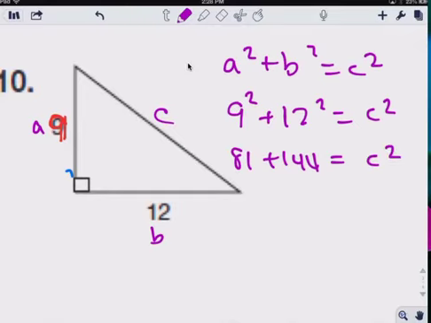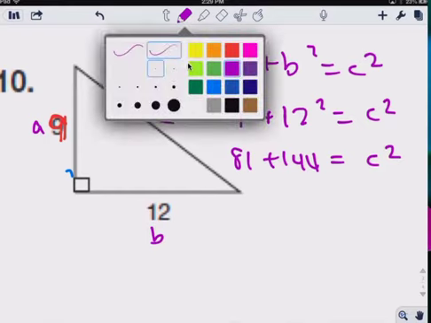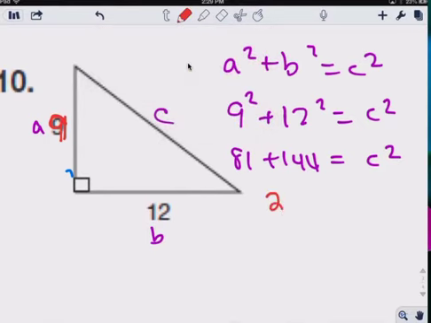On my calculator, just to make sure that I'm right, 81 plus 144 equals 225. So that gets you 225 equals c squared.